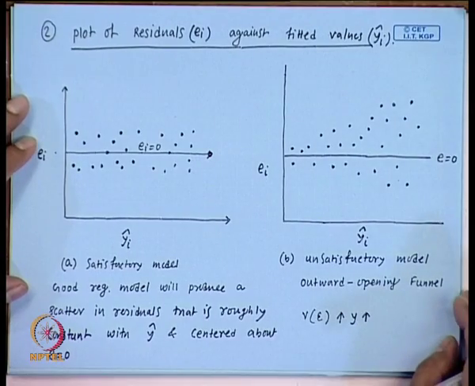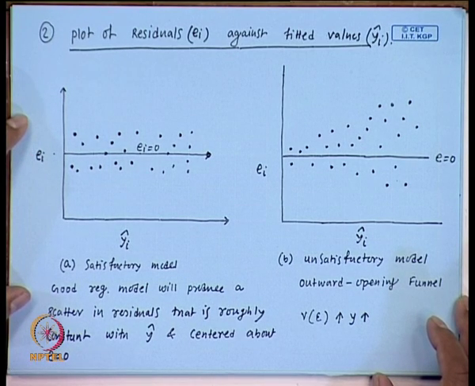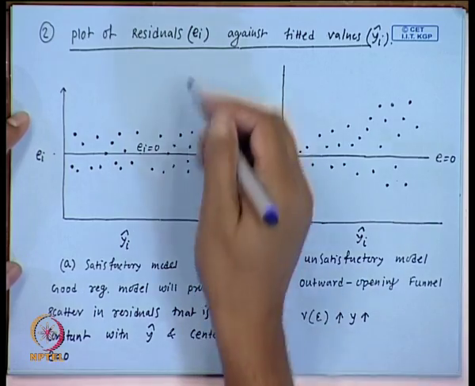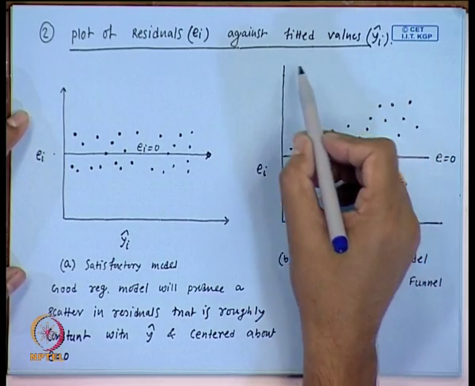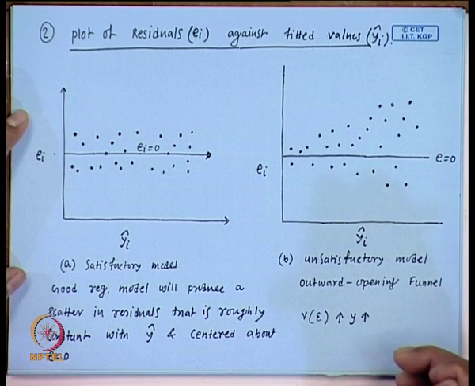Okay. So, next we will be talking about one more plot, that is a plot of the residual term against the fitted observation. So, here is the plot of residual e_i against the fitted value y_i hat. Okay.